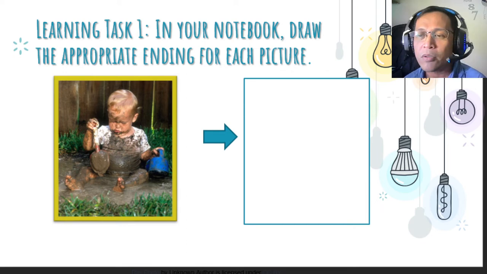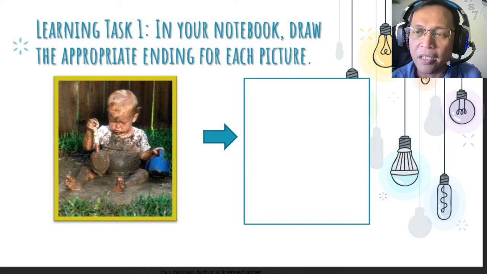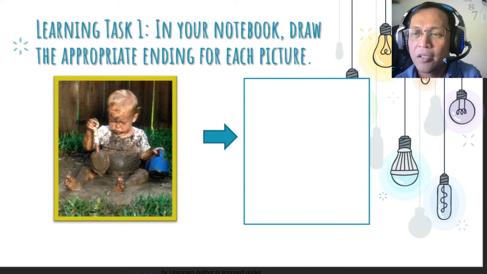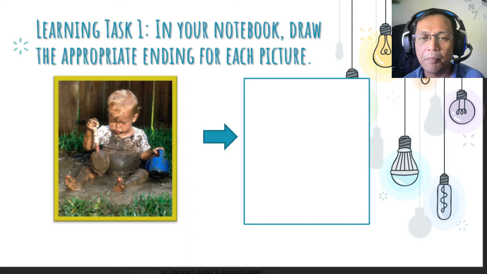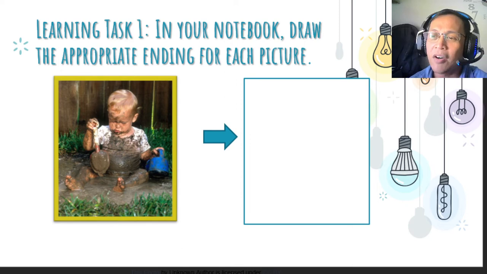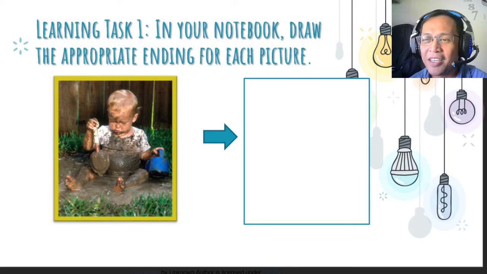How do you think the story will end based on that drawing? What would happen next based on the given picture? Come on, guys, draw your answer on your notebook. You will make a drawing of the ending of your choice.